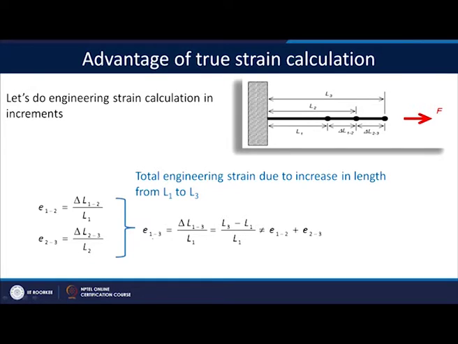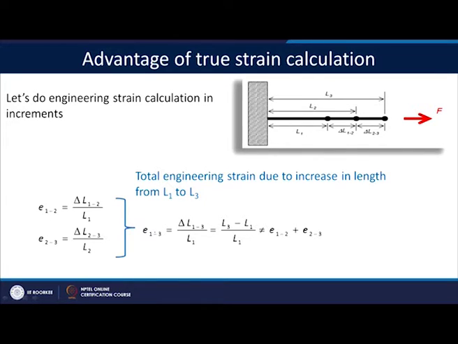And if I want to do the whole deformation in one go, rather than in increments, suppose I take this deformation directly from the initial length L1 to the final length L3, then the strain E13 is equal to delta L13 divided by L1, which is equal to L3 minus L1 upon L1. Now we want to compare whether these two increments are equal to this one single increment.